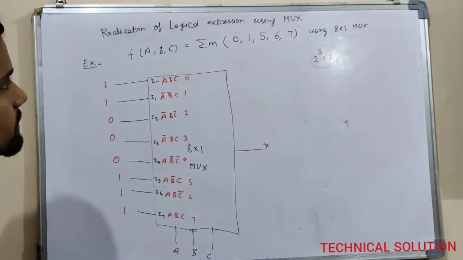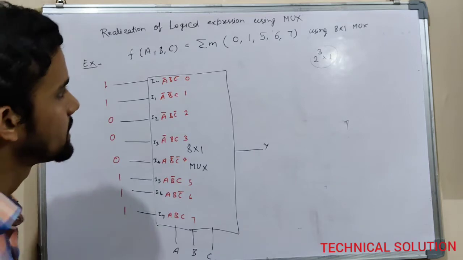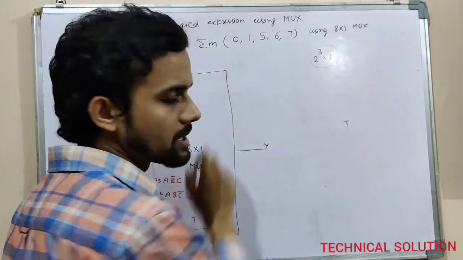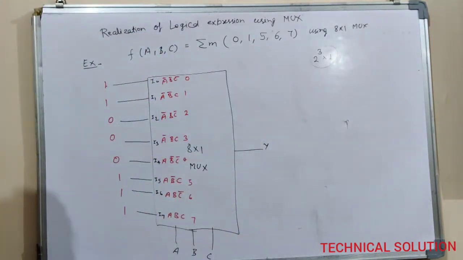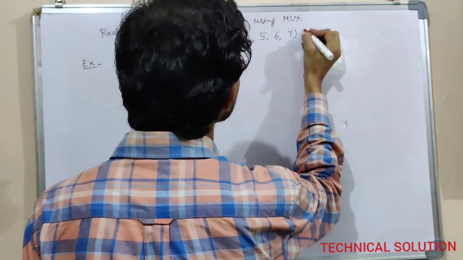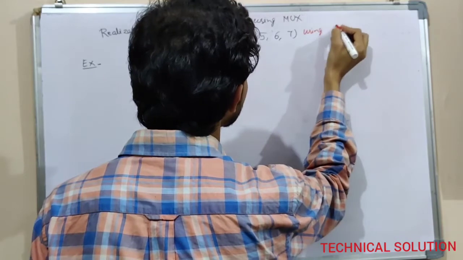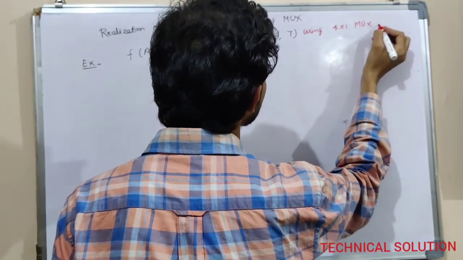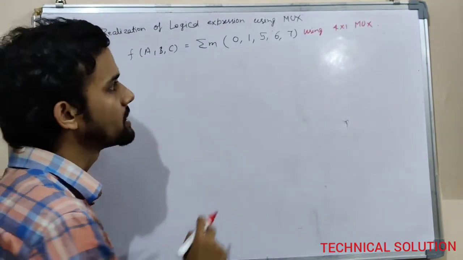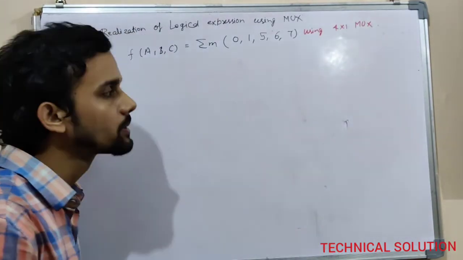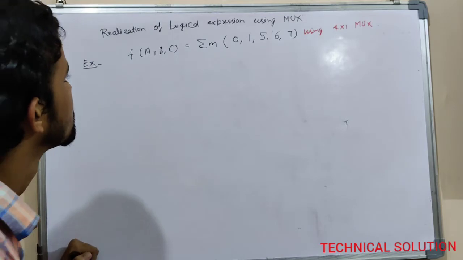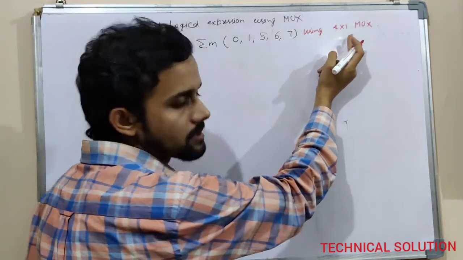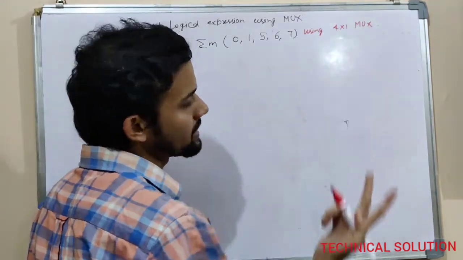Next, if you want to design only this expression using a 4x1 mux, then what do I have to do? Realize this expression using a 4x1 mux. A 4x1 mux means only 2 selection lines are present.